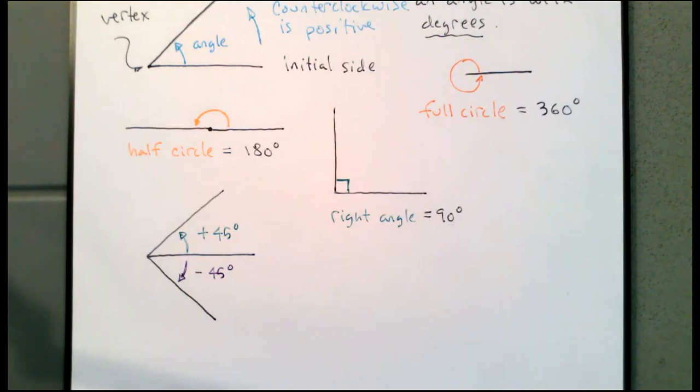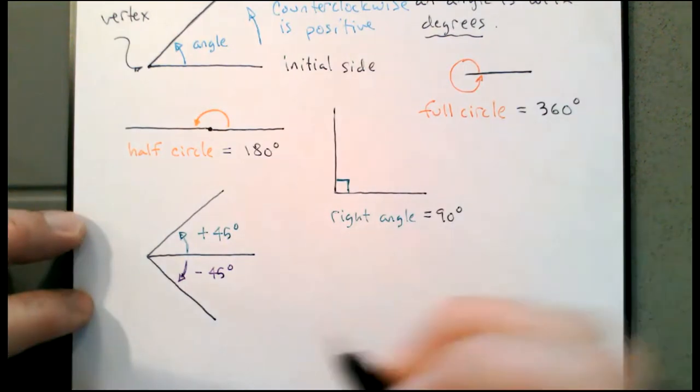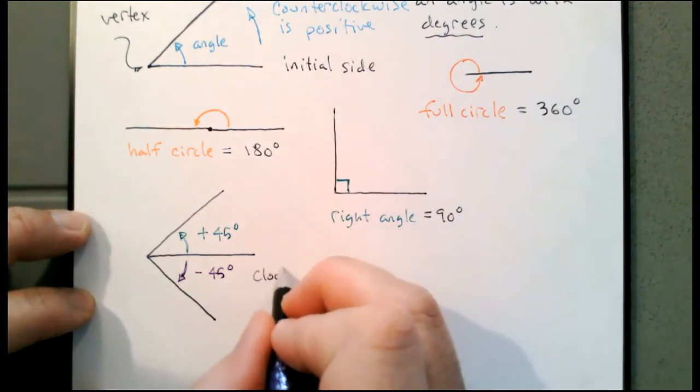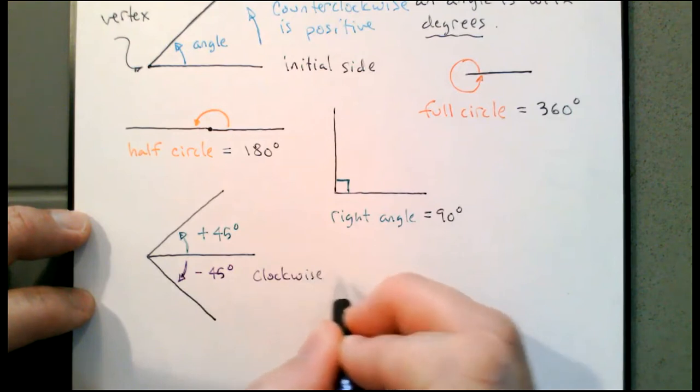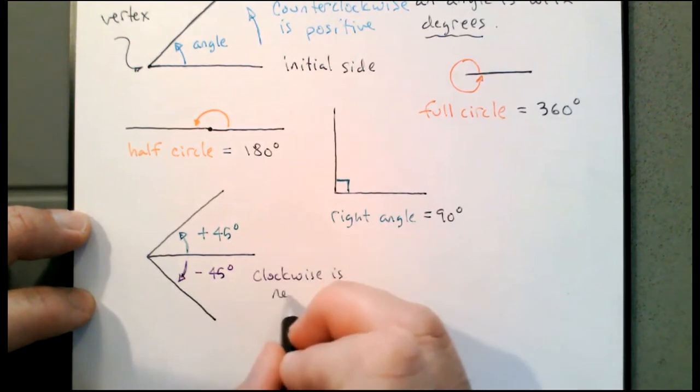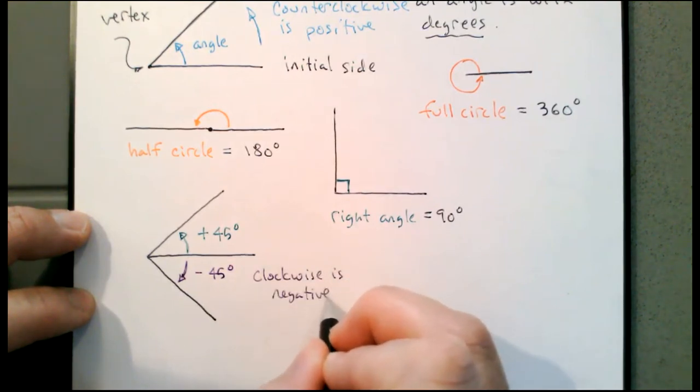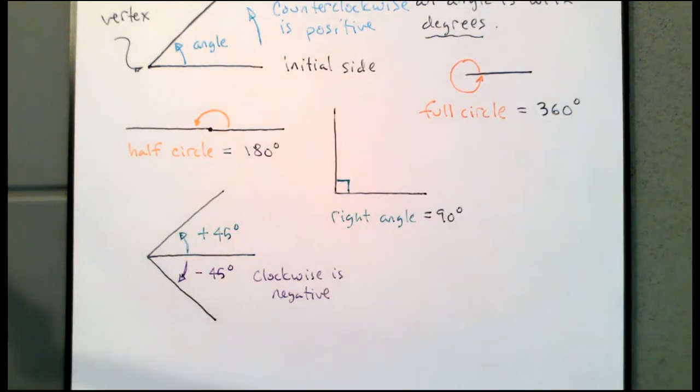So counterclockwise is a positive angle, clockwise is a negative angle. Any questions?